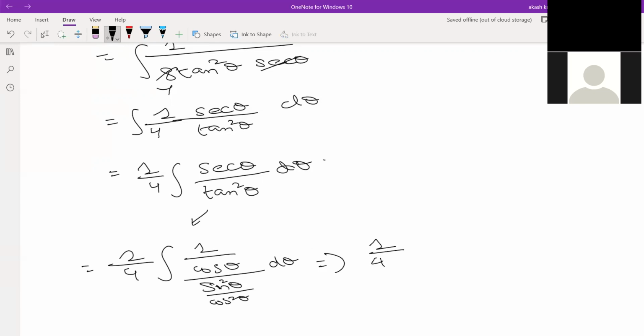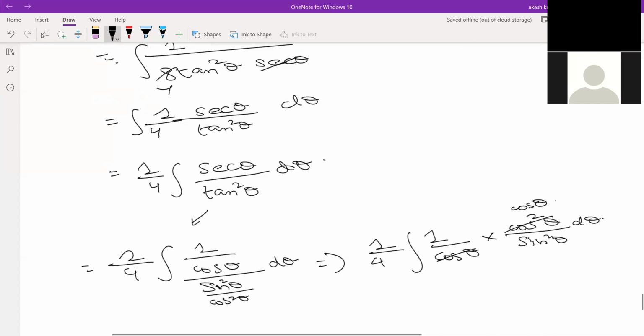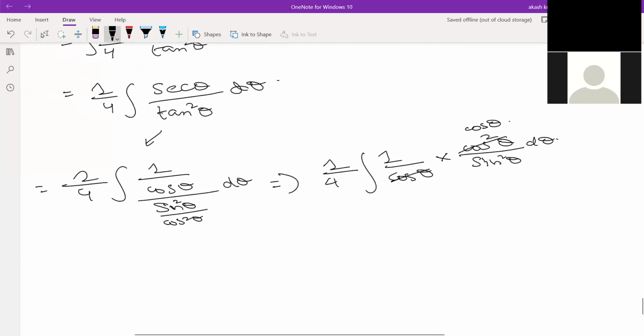So 1 over 4, 1 over cos theta, reversing the function, becomes cos squared theta over sine squared theta d theta. So it becomes 1 over 4 cos theta over sine squared theta d theta.